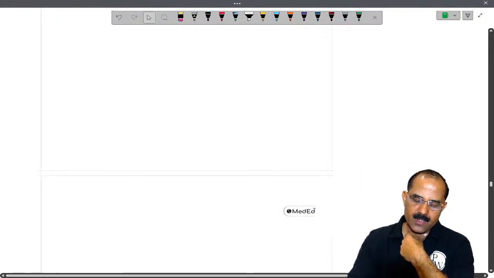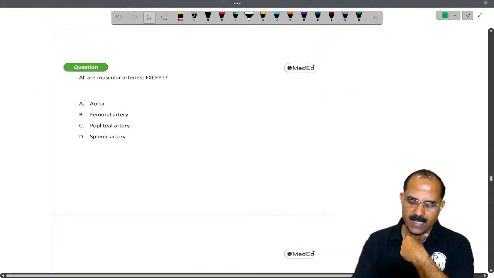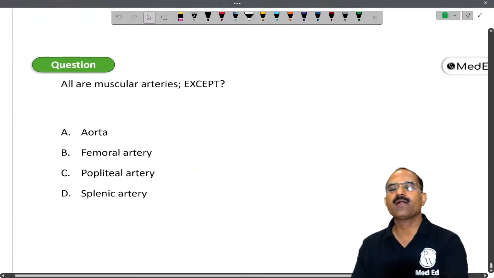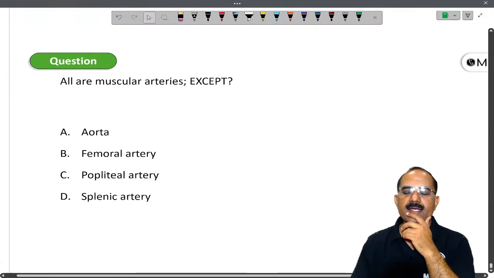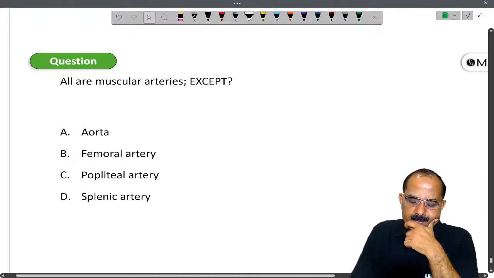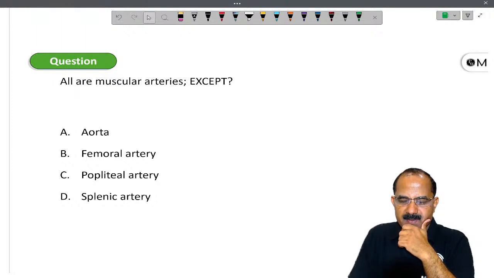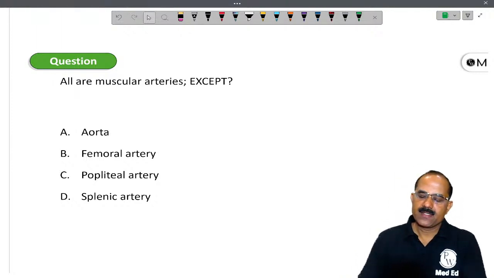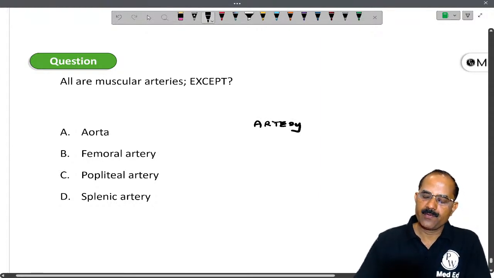Coming to the last MCQ of the day: all are muscular arteries except. Any guesses? There are two types of arteries.